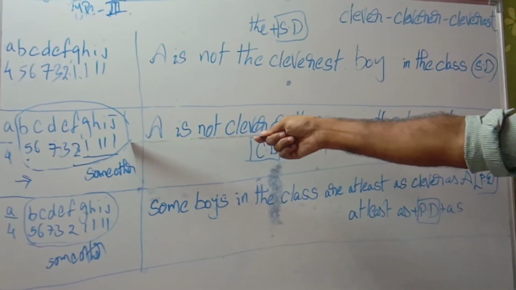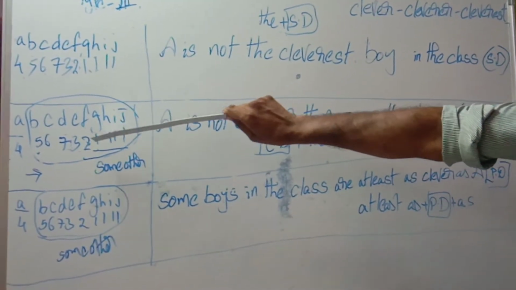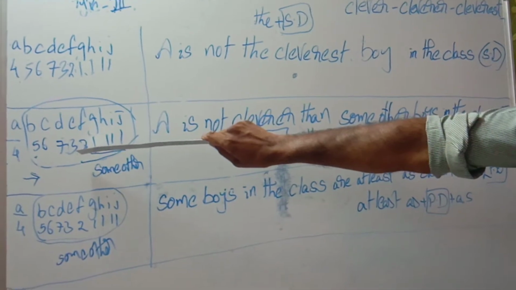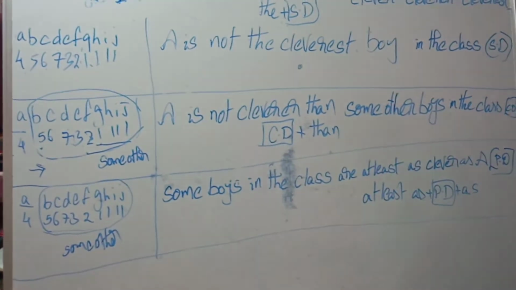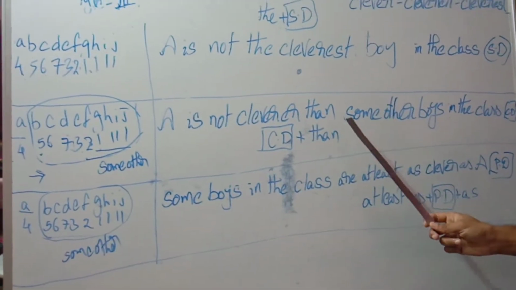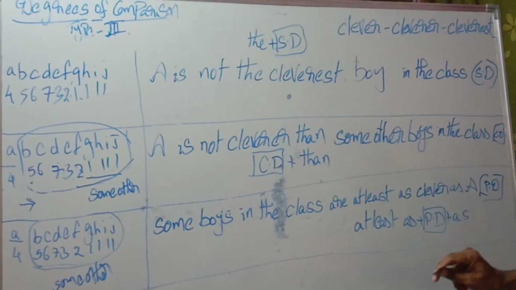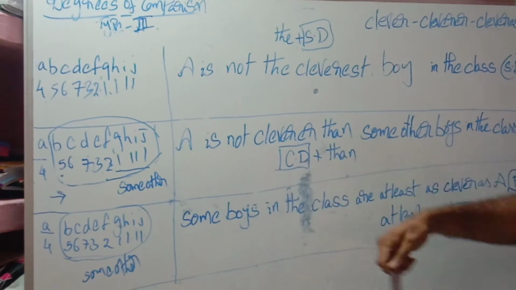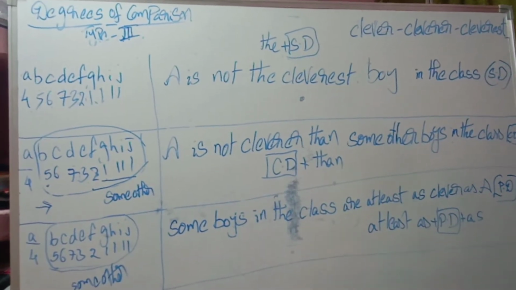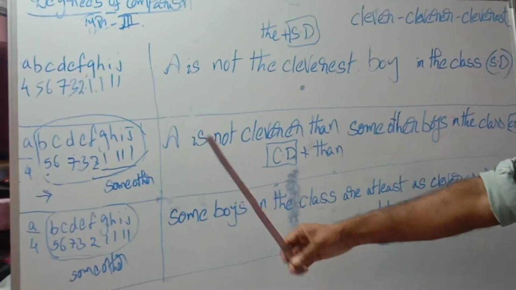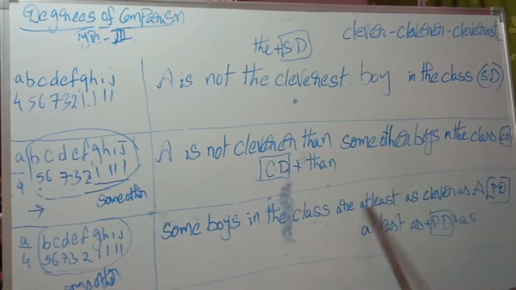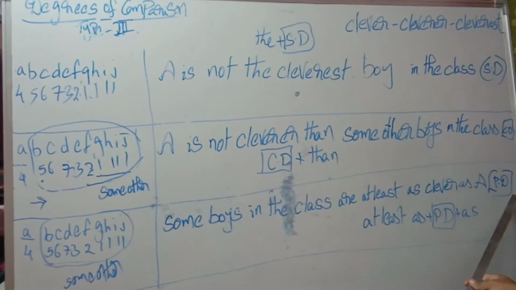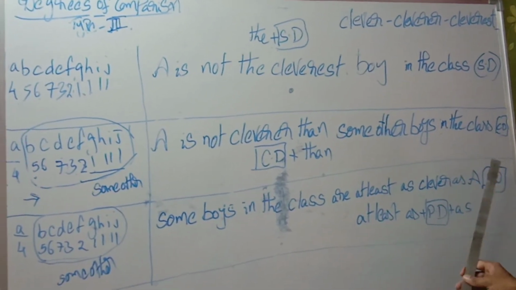These 5, 6, 7 are not cleverer than A. So A is not cleverer than some other students in the class, and these, I, J, H, got 1, 2, 3 ranks, cleverer than A. So some other boys in the class are at least as clever as A.